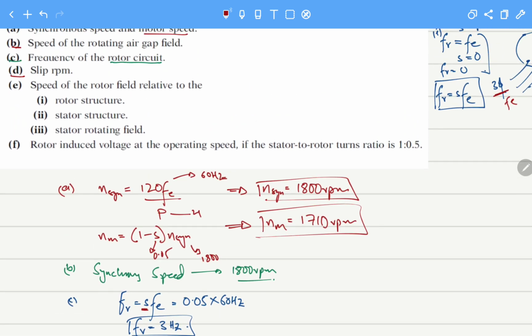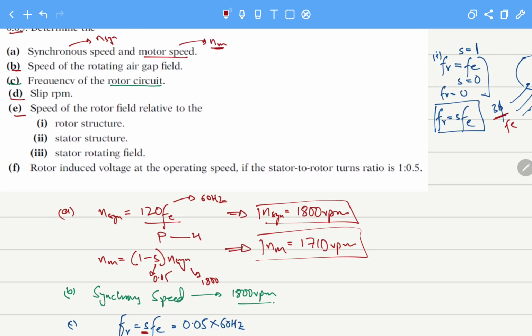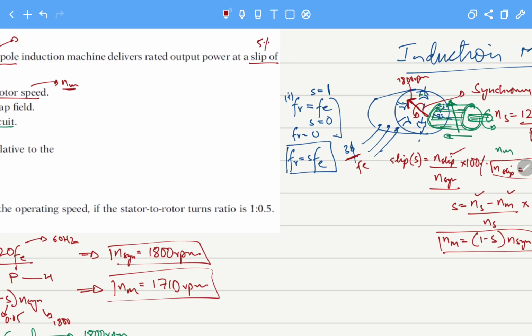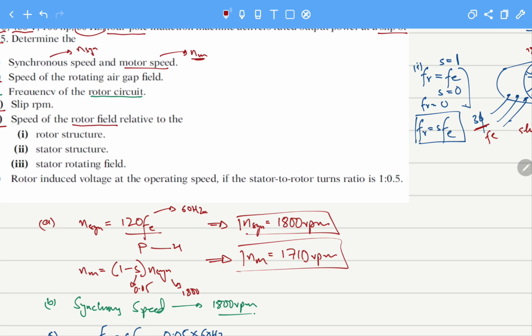Now part E asks what is the speed of the rotor field. The rotor has its induced currents, and we need the speed of this relative to different things. Number one, what is the speed relative to the rotor structure?